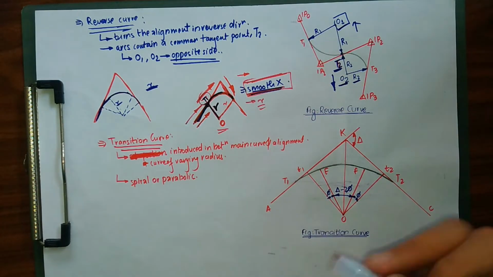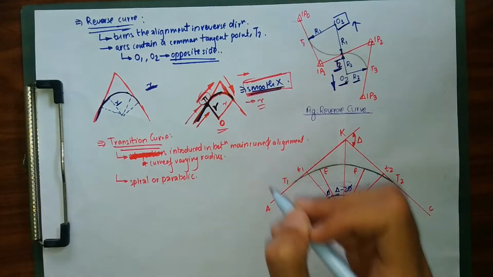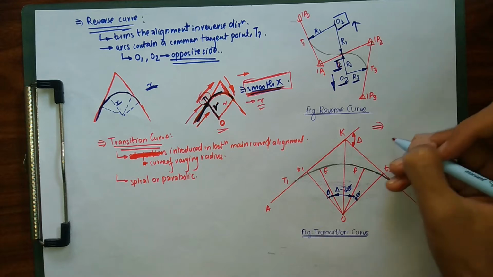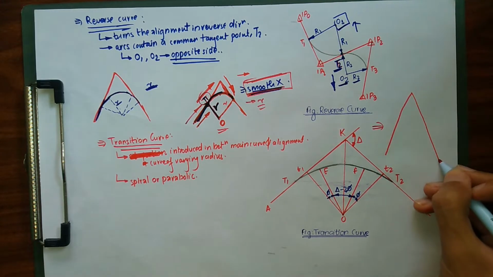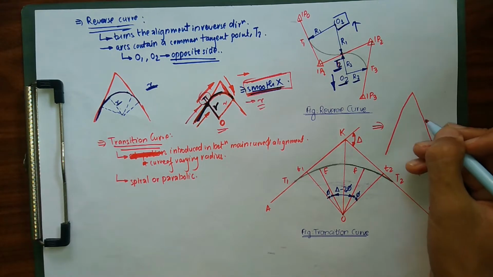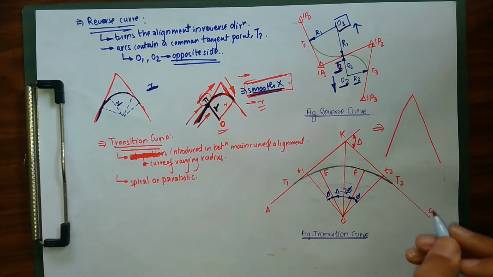So in order to provide a more smooth transition, what we do is, between our straight alignment and our main curve, we introduce our transition curve. Let me draw my figure this way. We have our alignment. As I mentioned before, if we directly introduce our main curve and the main curve of radius r begins, then we do not have a smooth transition.